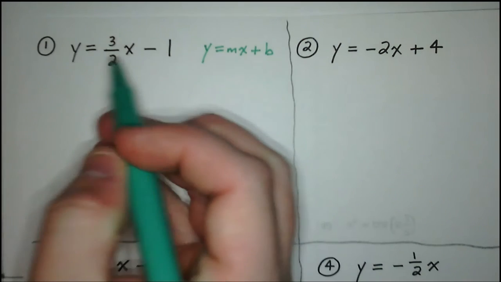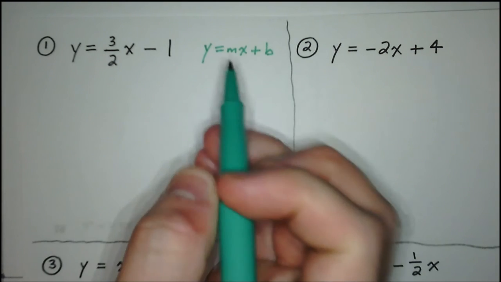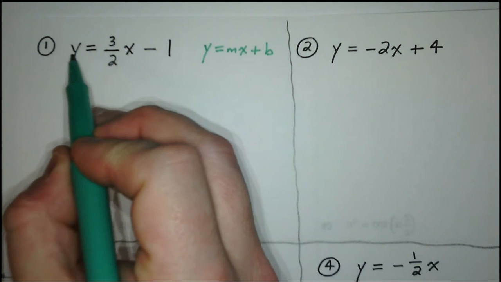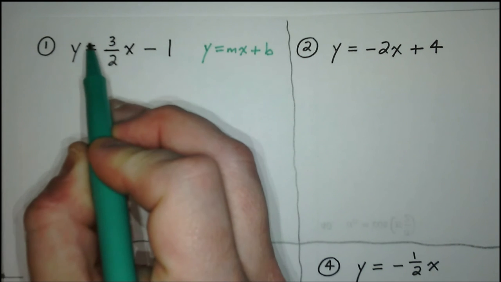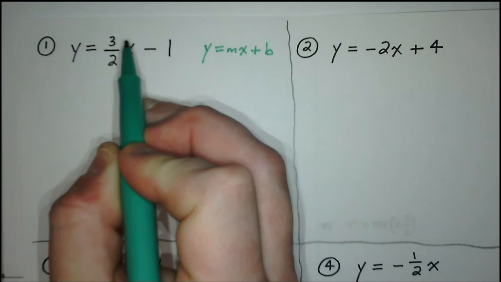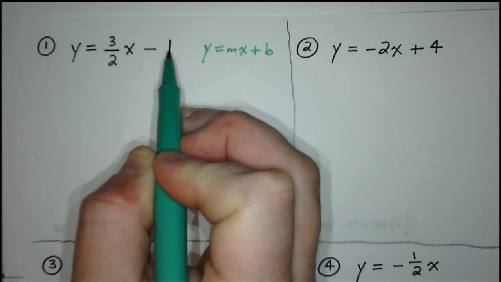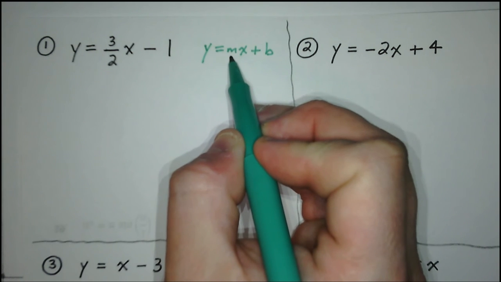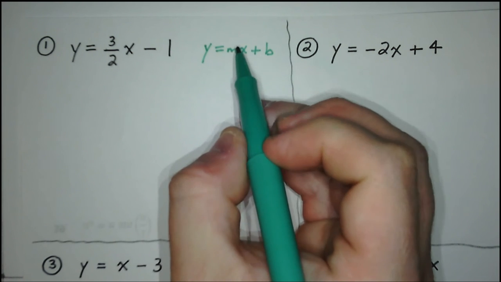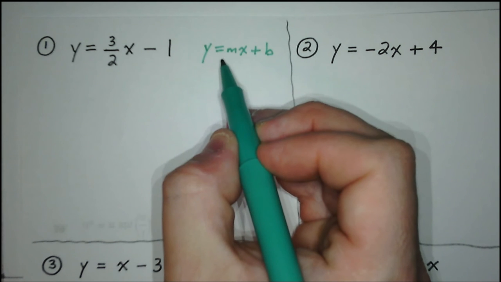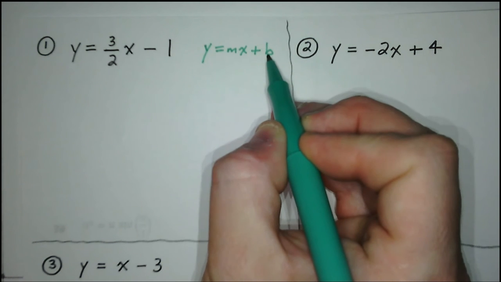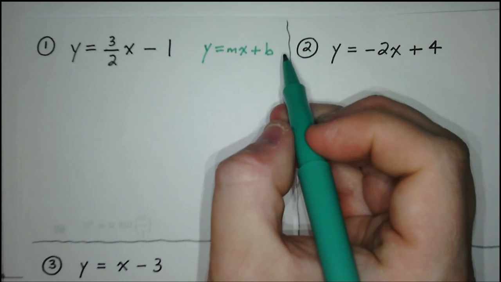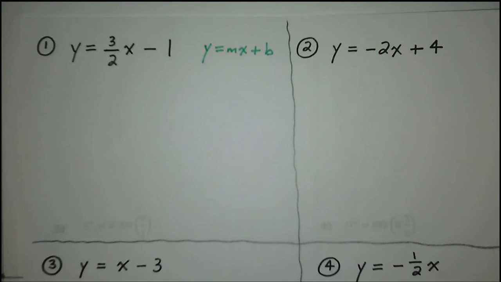Okay? Because you can look at this and go, okay, this is written as y equals mx plus b. Now our m, and this is why it's really good news, is the slope of our line that we're going to graph, and our b value is the y-intercept. If you can remember those details, you're in great shape.